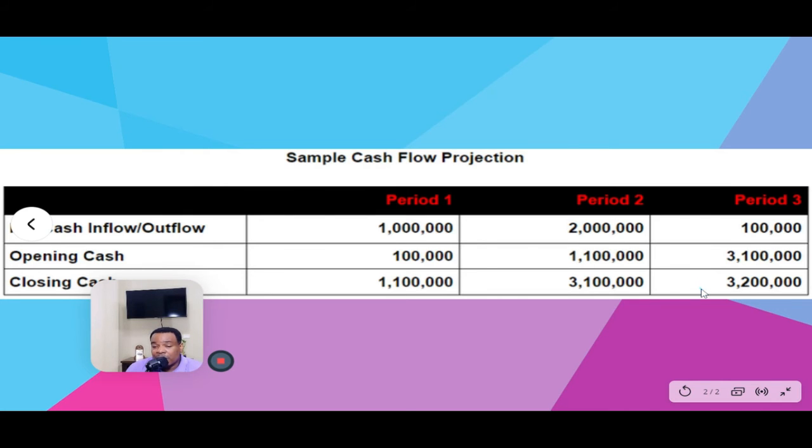Alright, so we just really need to understand that little trick and ensure that we're first of all picking up the cash coming from period 0 or month 0 to work out what our closing cash is for the first month or first period, and then that becomes our opening cash for period 2, and then for period 3.